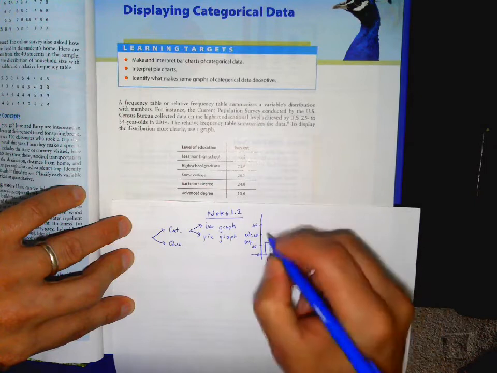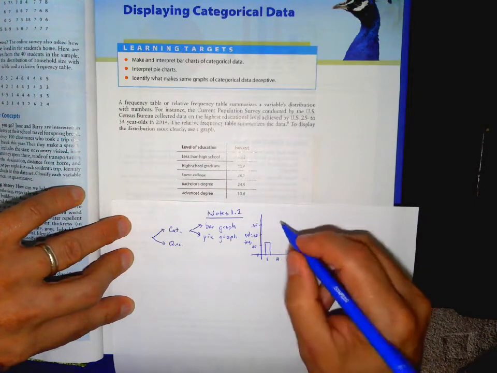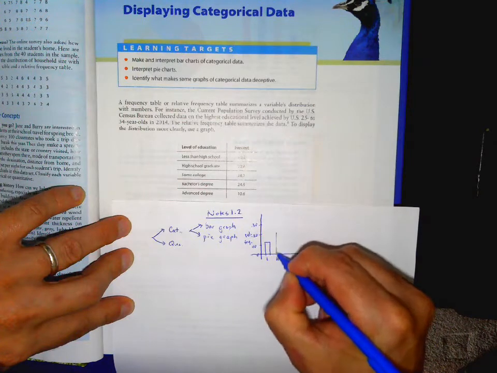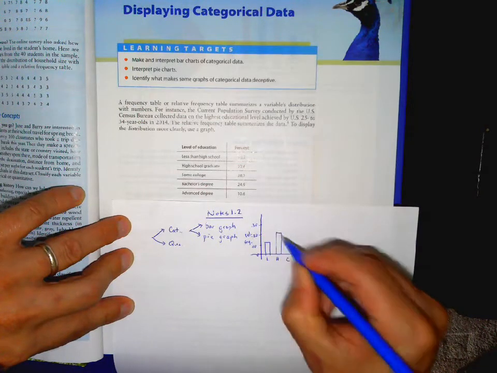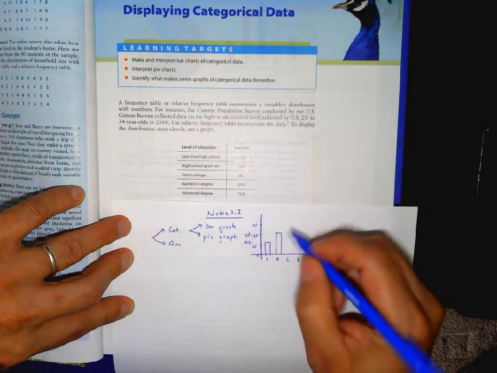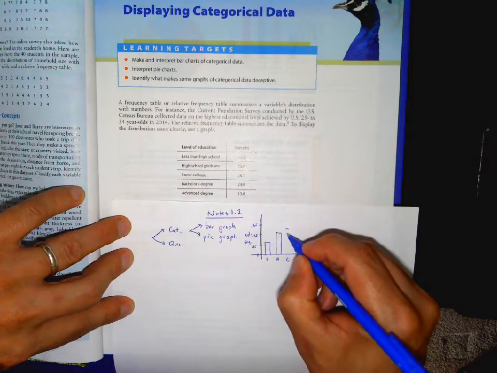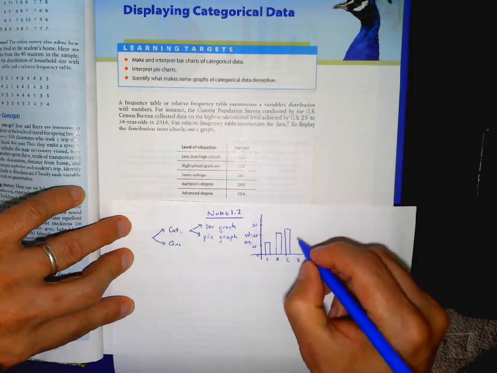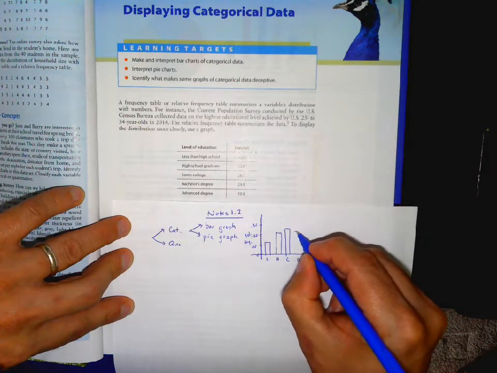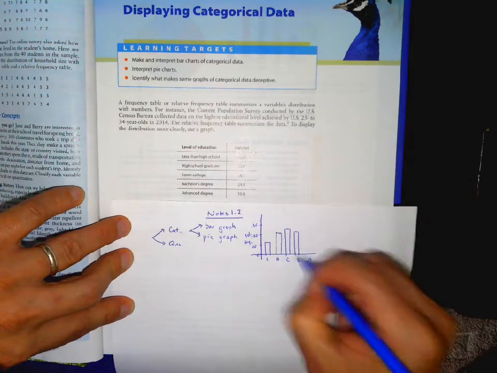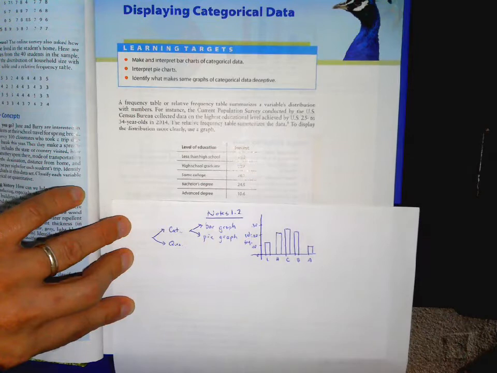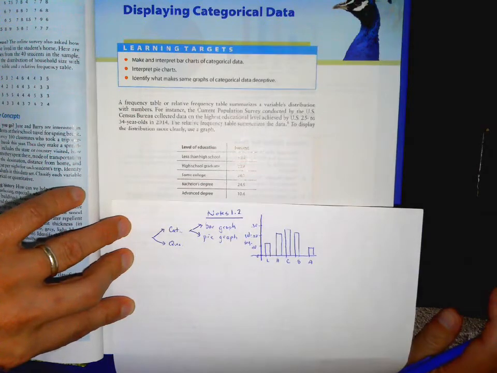Sum is 22.6, so 22.6 might be right there. Just kind of estimate it. 28 point whatever is right about there. 24 point something between those two. And 10.6. Okay, so there's how you make your bar graph.